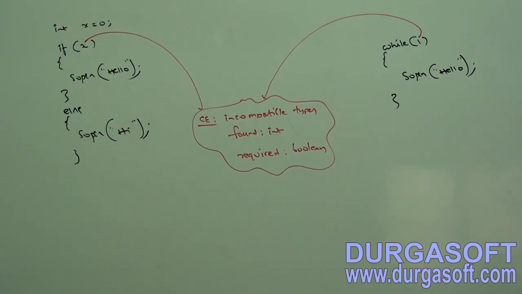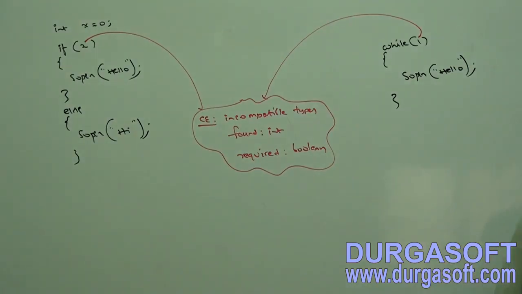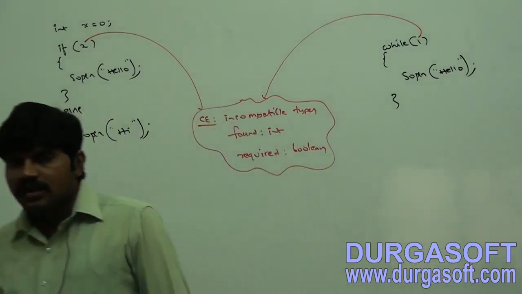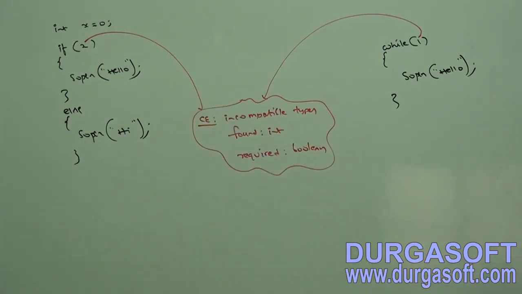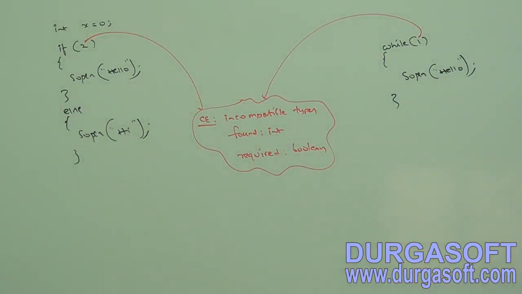Next we will get a compile time error saying incompatible types, found int, required boolean. So this is about the boolean data type. Completed, right?